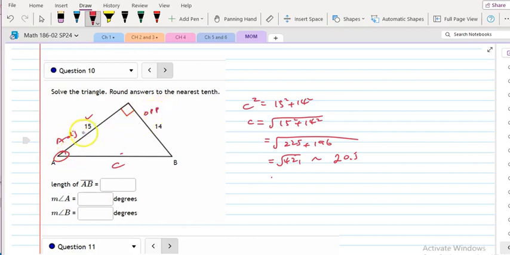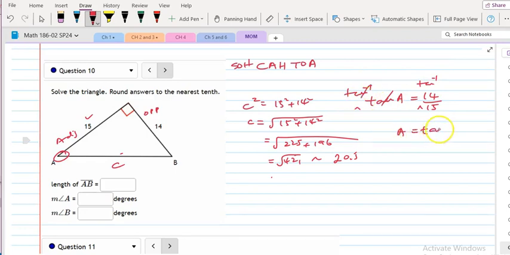So I have O and A. SOH-CAH-TOA: not CAH, yes TOA, O and A. So I will use tangent to find A. Tangent A equals 14 over 15. So I apply tangent inverse on both sides. This cancels, so A is equal to arctangent of 14 over 15. Put it in the calculator.